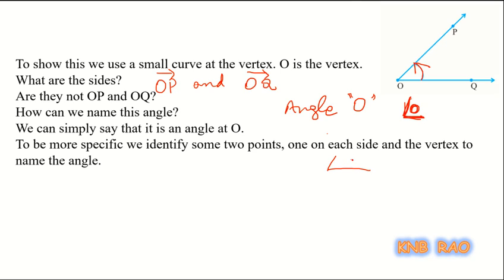In the three letter notation, the middle letter is the vertex where the angle is, and to the left of it one letter on one arm, and on the right of it another letter on the other arm. So we write this way and we read it as angle POQ.